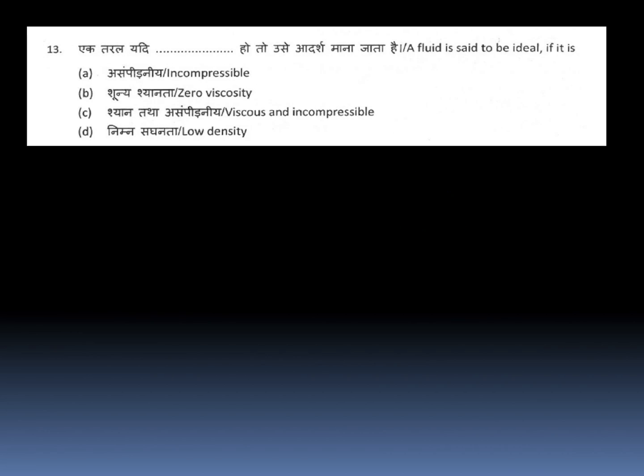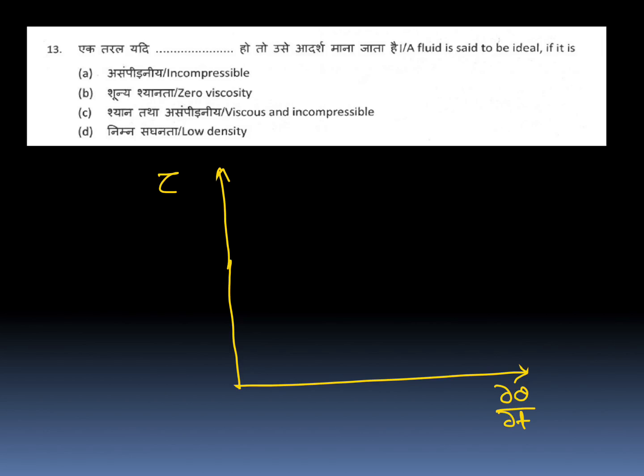A fluid is said to be ideal if you remember the graph, shear stress versus strain rate, or velocity gradient dV by dy, or strain rate you will get here. This is for ideal fluid.